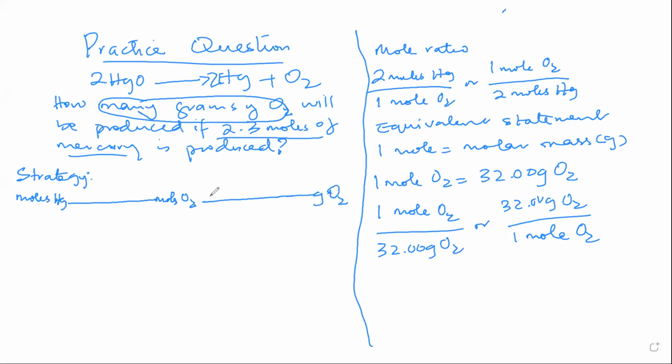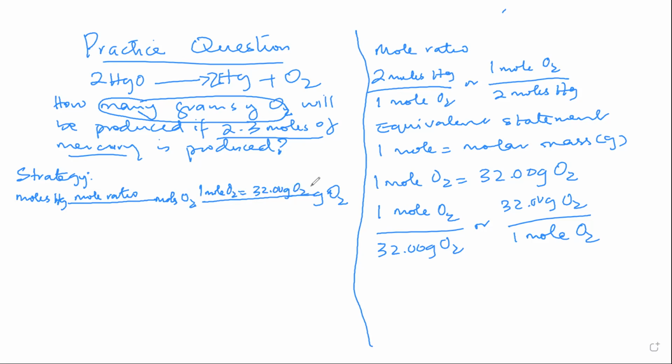Going from mole to mole, we use the mole ratio here. Moles to grams will be 1 mole of oxygen equals 32.00 grams of oxygen.